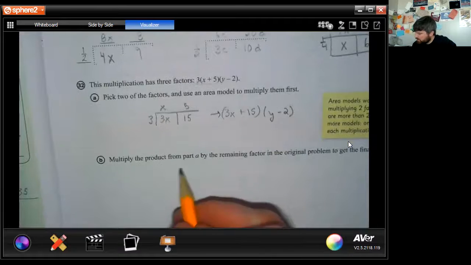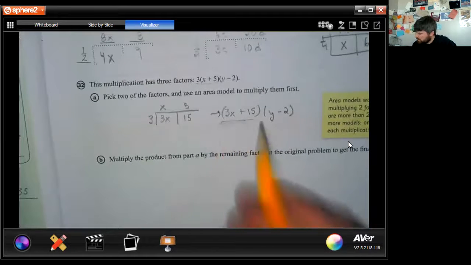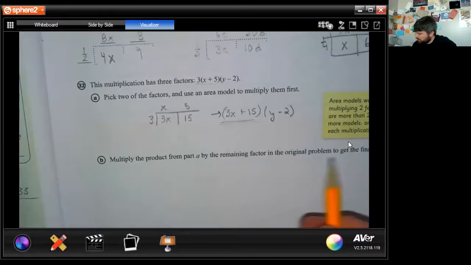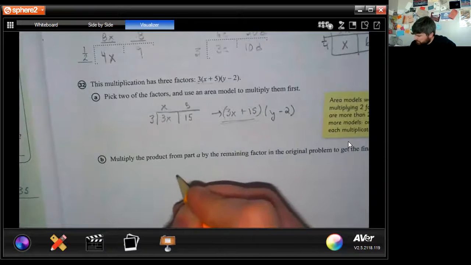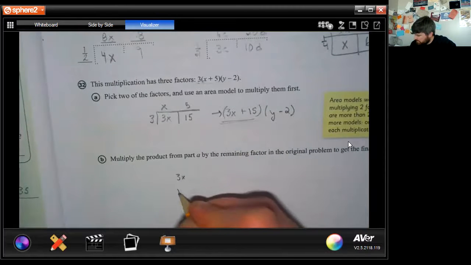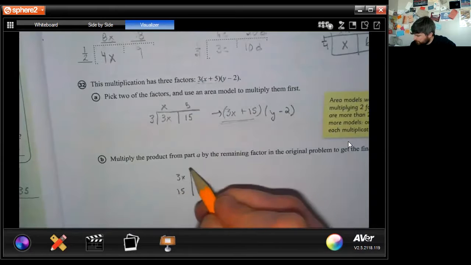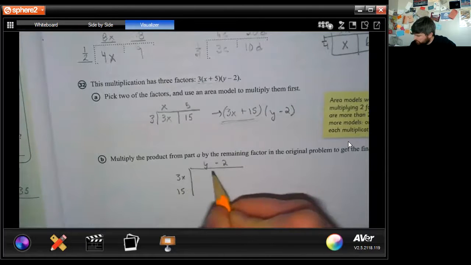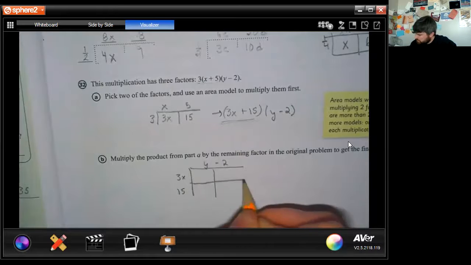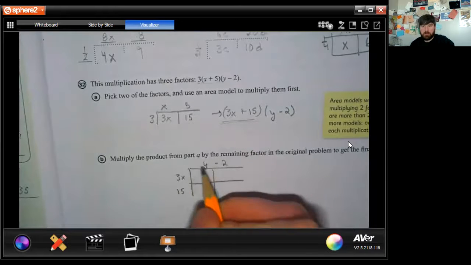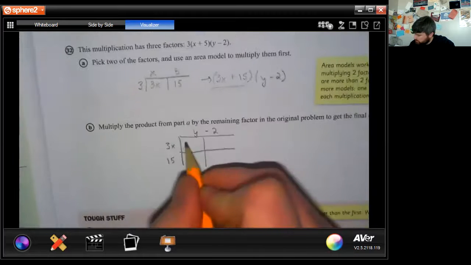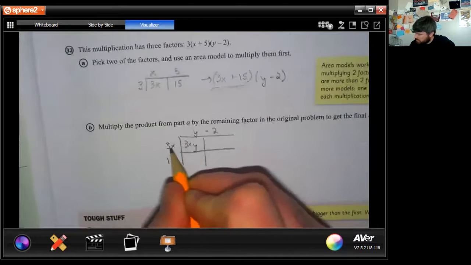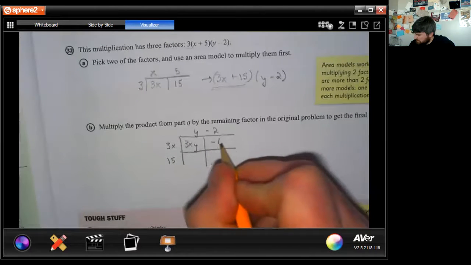Multiply the product from A, so that's this one, by the remaining factor in the original problem to get the final answer. So you have 3x and 15, and you have y negative 2. So you have 3x times y, which is 3xy, 3x times negative 2, which is negative 6x.